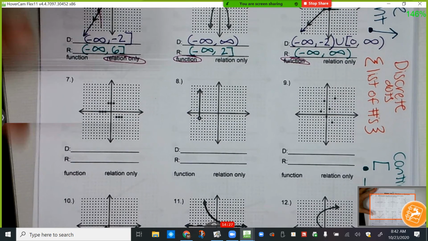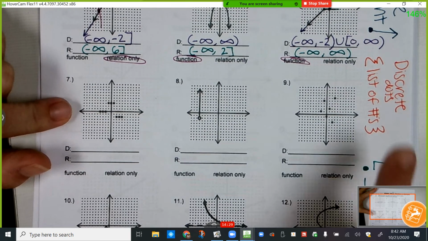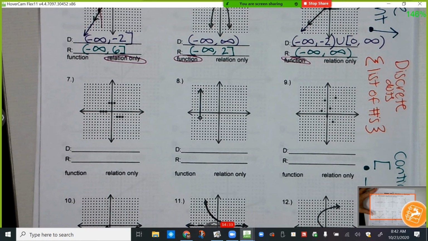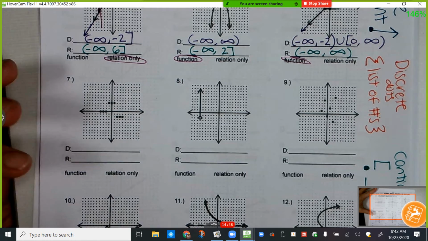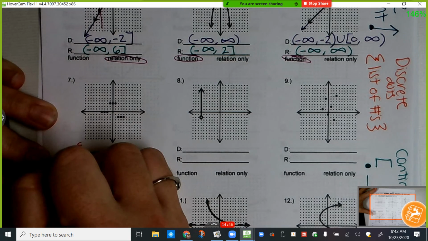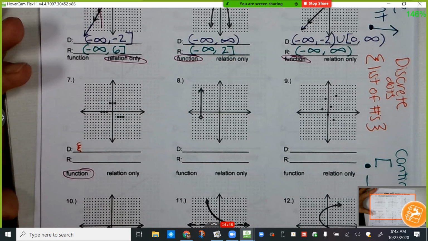Okay, what kind of graph is this? Discrete. Okay, so knowing that, we're going to use fancy brackets and have a list. Is it a function or a relation only? It's a function. None of those dots line up with the other vertically. Okay, so we know it's a function. But we're going to use these fancy brackets and we're going to list what x values these dots use.